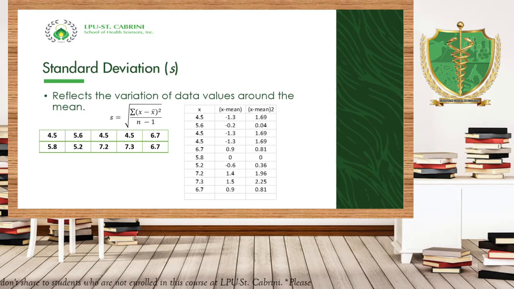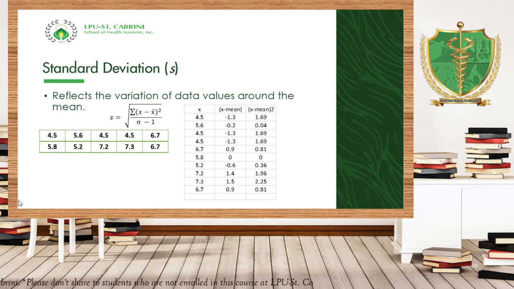Okay, so the standard deviation reflects the variation of the data values around the mean. The standard deviation is computed as the square root of the sum of all x minus the mean, squared, over n minus 1. N refers to the sample size.